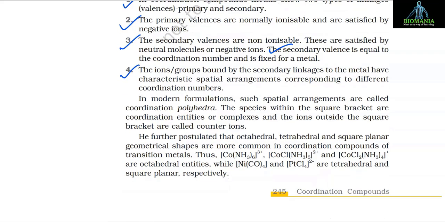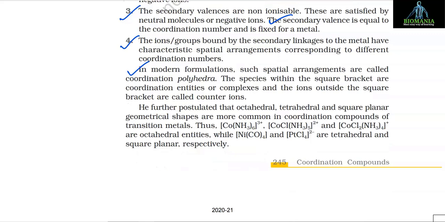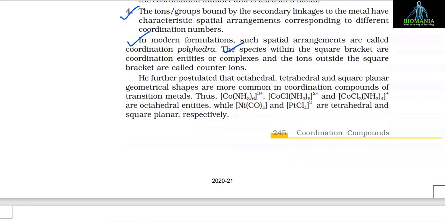Number 4, the ions or groups bound by the secondary linkages to the metals have characteristic spatial arrangements corresponding to different coordination numbers. In modern formulations, such spatial arrangements are called coordination polyhedra. The species within the square bracket are coordination entities or complexes, and the ions outside the square bracket are called counter ions. He further postulated that octahedral, tetrahedral and square planar geometrical shapes are more common in coordination compounds of transition metals.